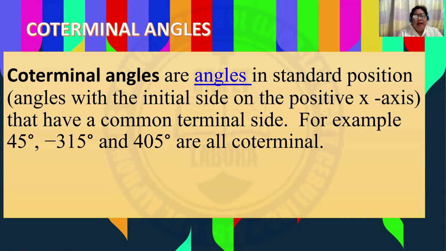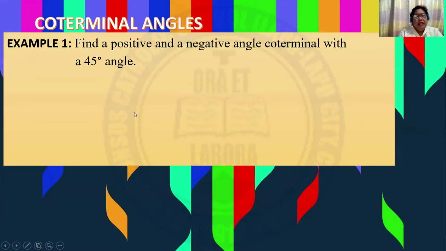Let us also have coterminal angles. Coterminal angles are angles in standard position, angles with the initial side on the positive x-axis, that have a common terminal side. For example, 45 degrees, negative 315 degrees, and 405 degrees are all coterminal. For example, find a positive and a negative angle coterminal with a 45 degree angle.